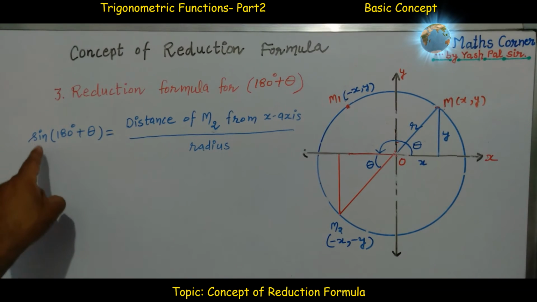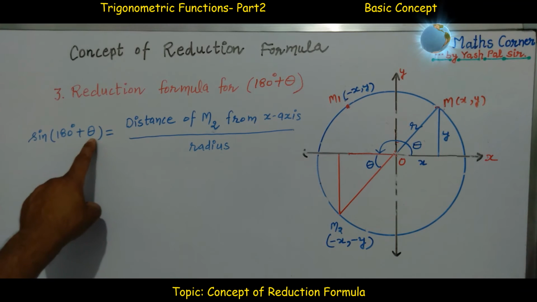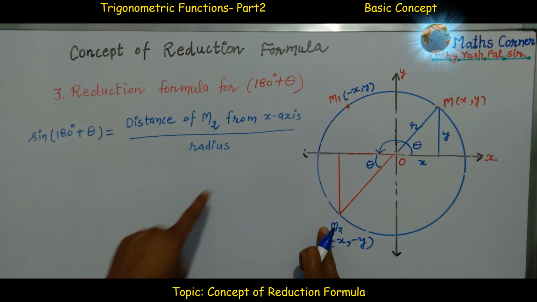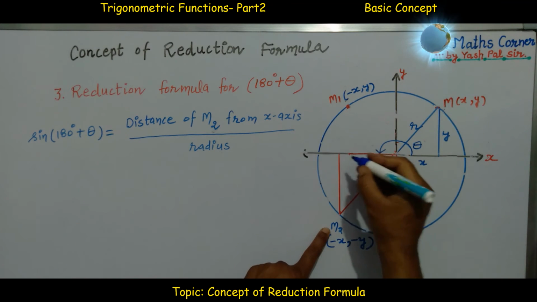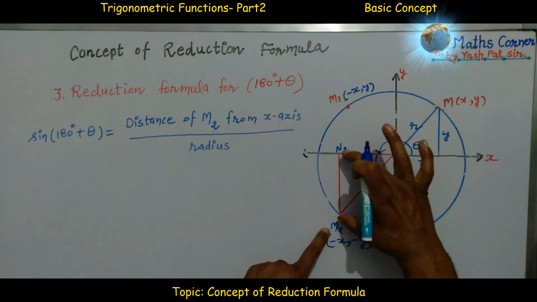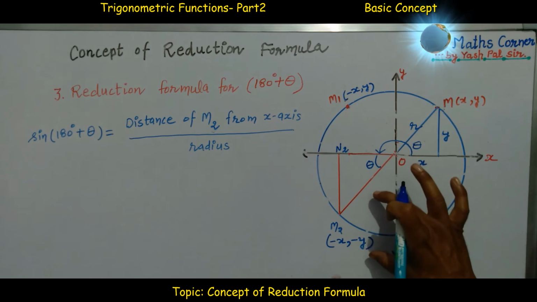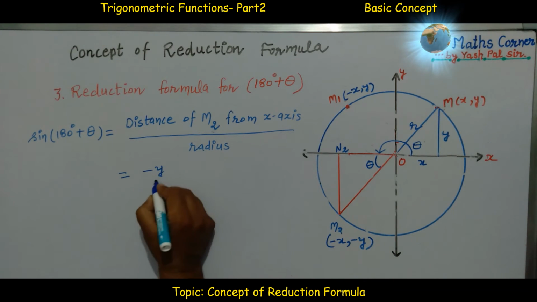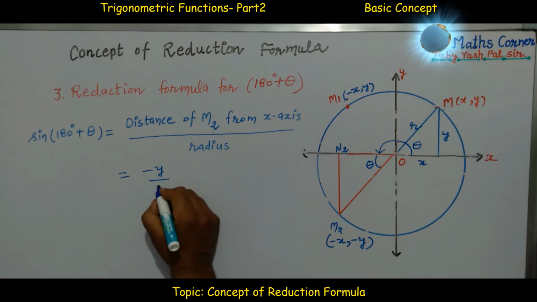Again, using the real definition, sine 180 degree plus theta is equal to the distance of m2 from the x-axis. M2 from the x-axis, this is the x-axis, and this point is n2. So m2 n2, this distance is minus y, divided by the radius of the circle r.